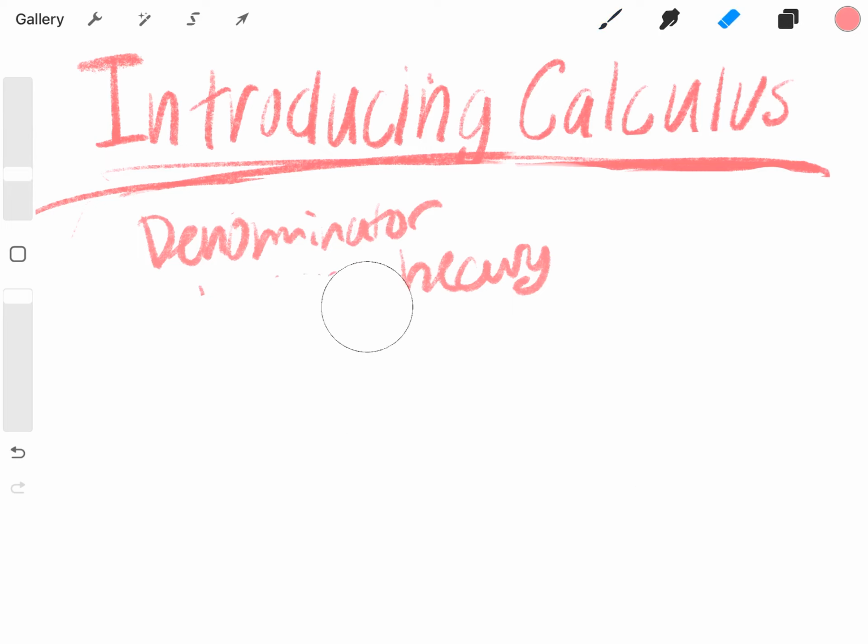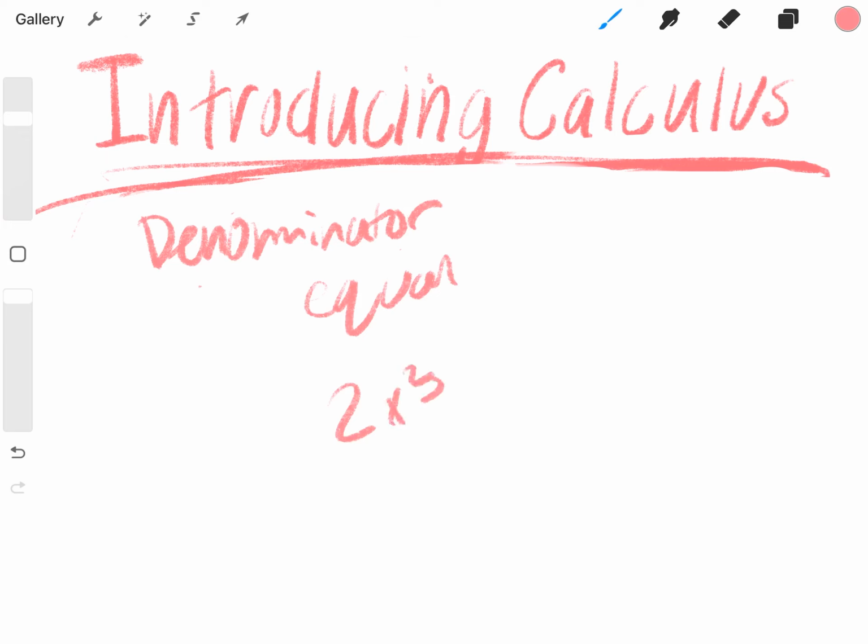If the functions grow at an equal rate, then the asymptote is the ratio of the top to the bottom. So let's say you have 2x cubed over 4x cubed. As you approach infinity, it goes to y equals 1/2. For most functions without denominators, you should be able to plug in and see what it equals.